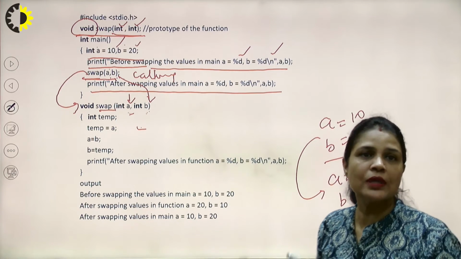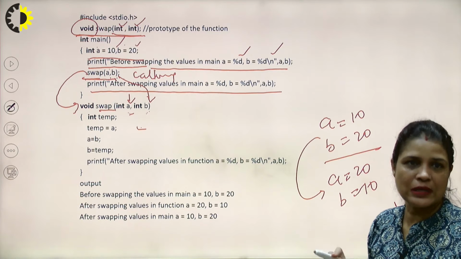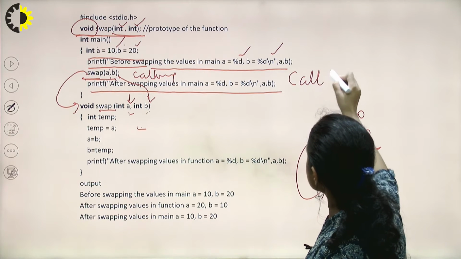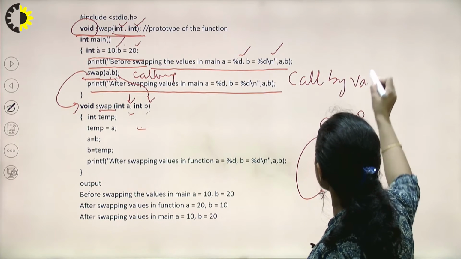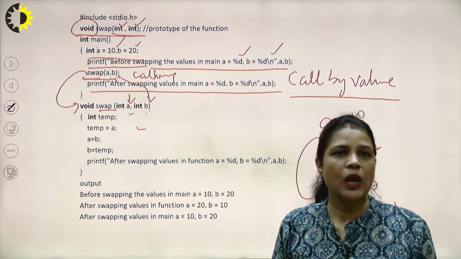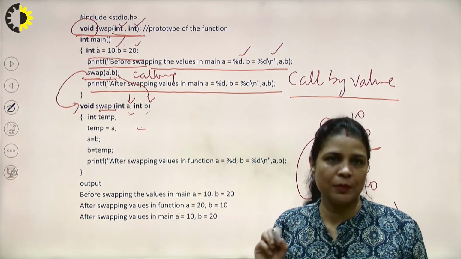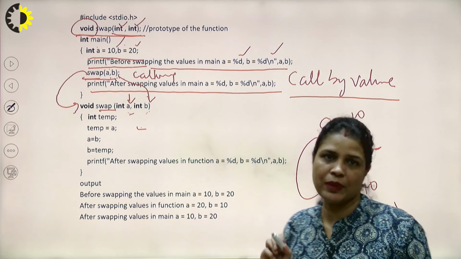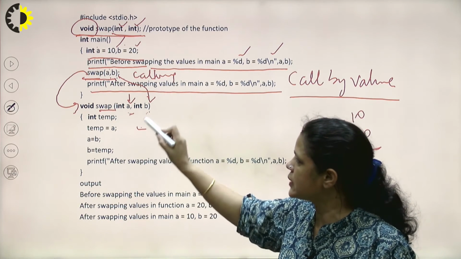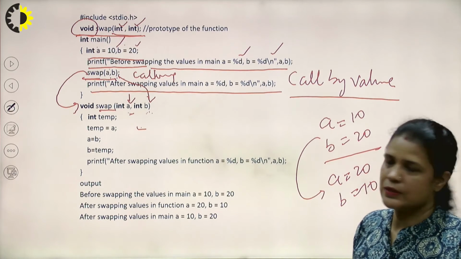So this is known as call by value, right? It is called call by value because actual parameters' values are passed in the corresponding formal parameters. So now A will carry 10, B will carry 20, right?